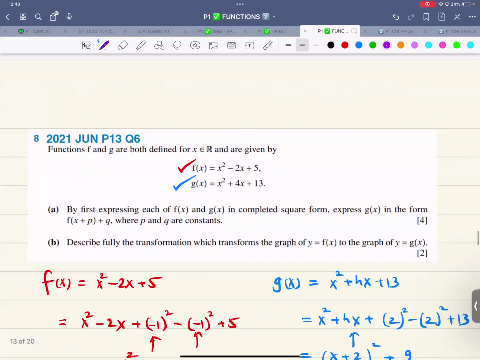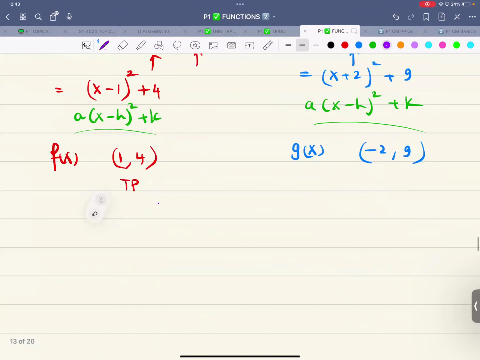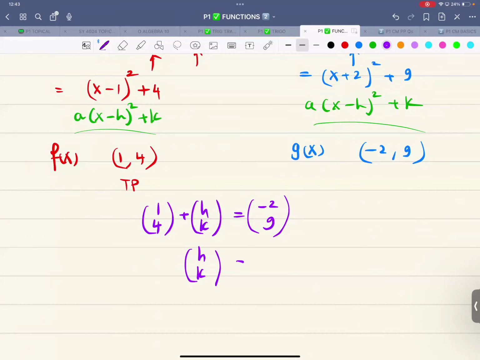We are converting f(x) to g(x). So now (1, 4) plus the translation vector (h, k) is giving me (negative 2, 9). Therefore (h, k) is negative 2 minus 1, which is negative 3, and 9 minus 4 is 5.